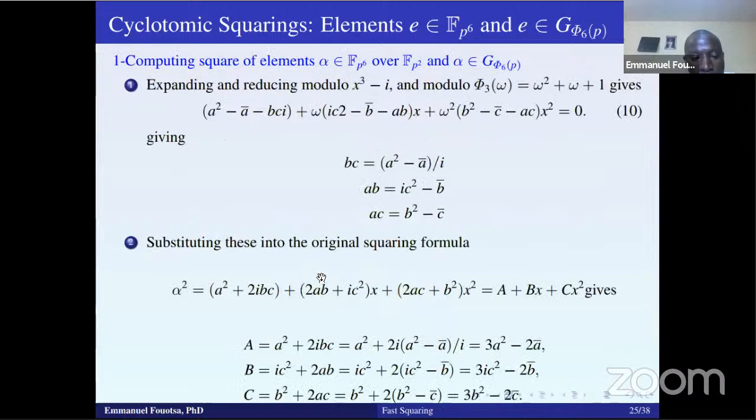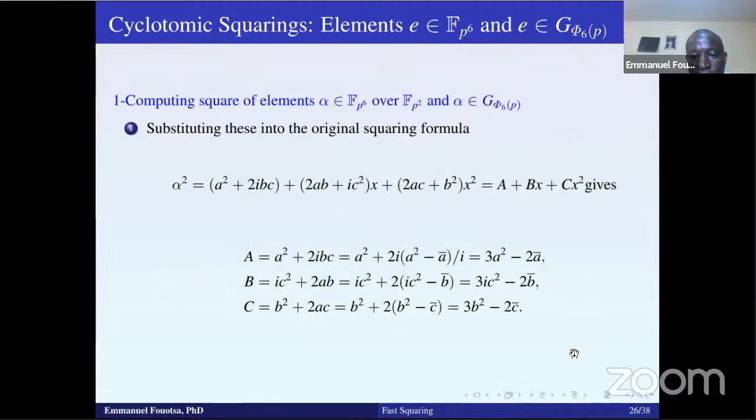In other words, the original formula of alpha squared, which is regrouped as A plus BX plus CX squared with A, B, C given like this, we can simplify them to these expressions because we got BC, AB, and AC from the membership relation of alpha to the cyclotomic subgroup. So we get now A, B, and C as 3a squared minus this, 3ic squared, 3b squared minus this. So to compute alpha squared, we simply need to compute a squared, c squared, b squared.